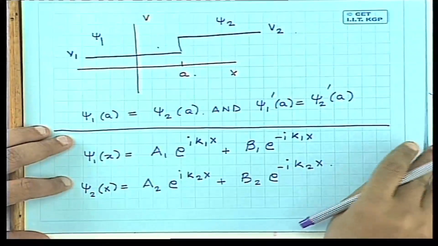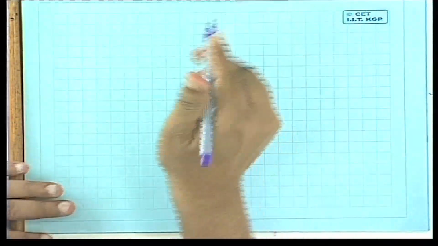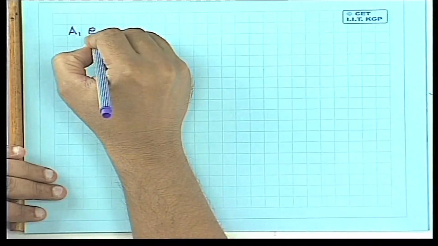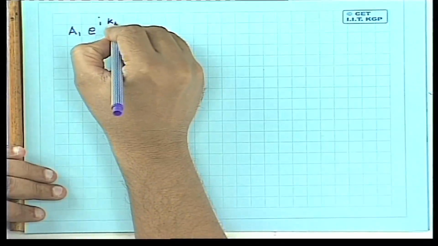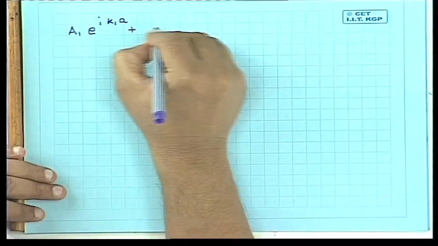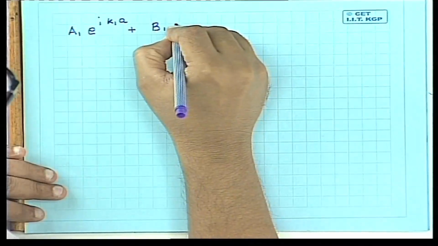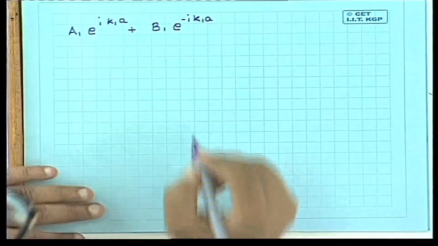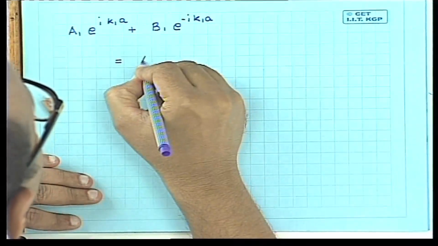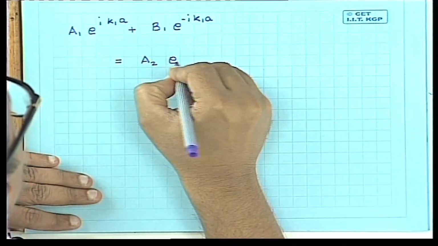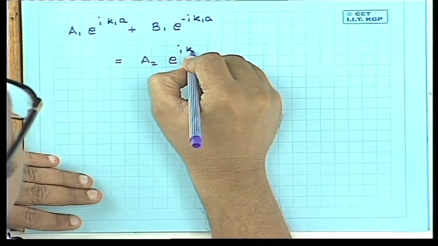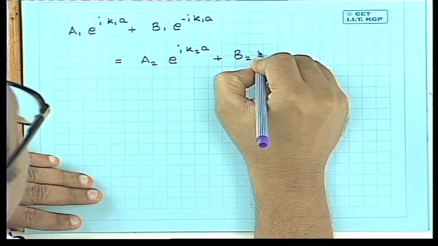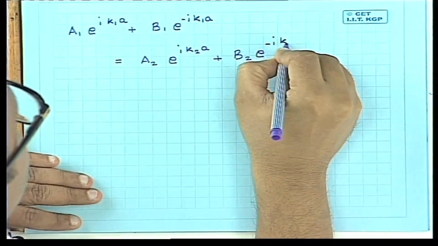So the first boundary condition tells us that a1 e to the power i k1 a plus b1 e to the power minus i k1 a is equal to a2 e to the power i k2 a plus b2 e to the power minus i k2 a.